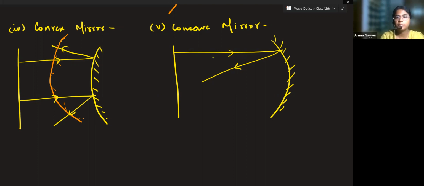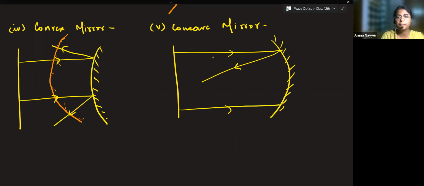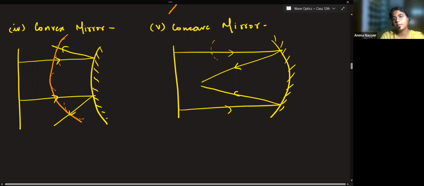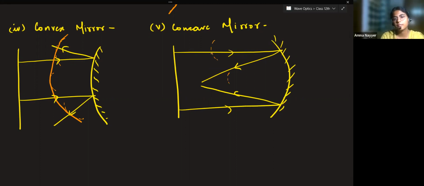Now what will happen? Another ray will go. Now if we draw it, this will be because of this ray. And this will be. So if I join this, it will be in this shape. This is how you obtain it.